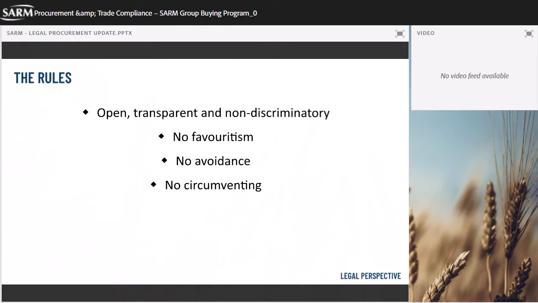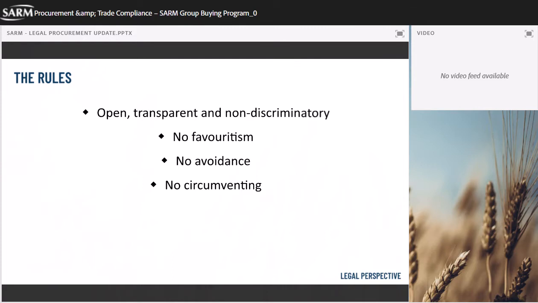So dividing quantity of goods or services that are being procured is another example of avoidance. And another is no circumventing. So, no using options or canceling procurement or modifying an awarded contract to circumvent the obligations of the CFTA.